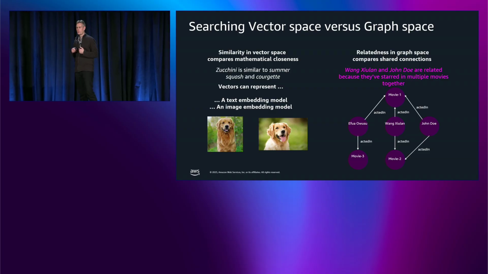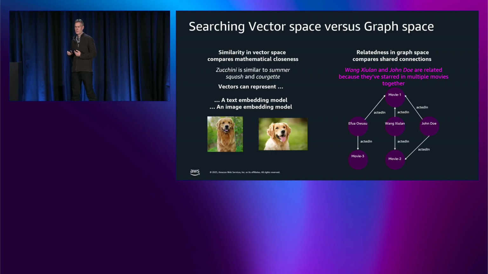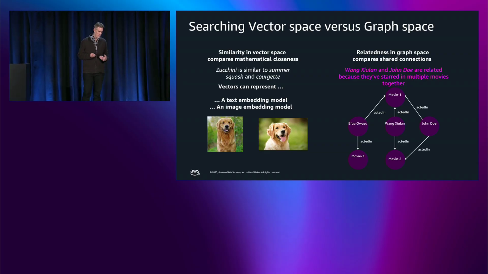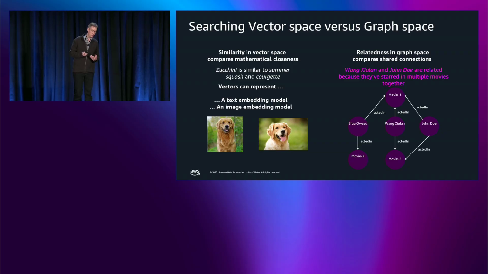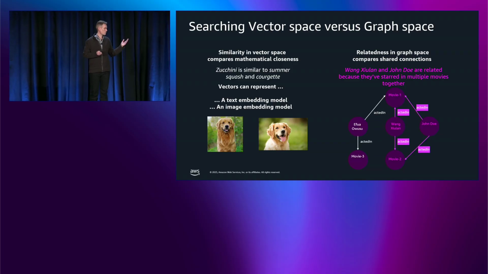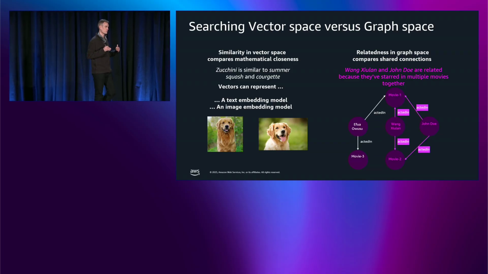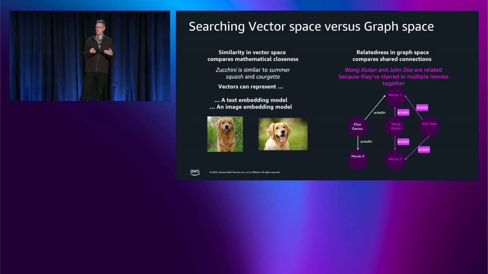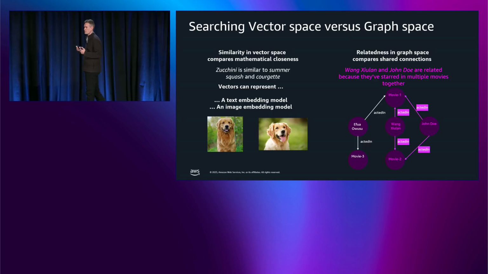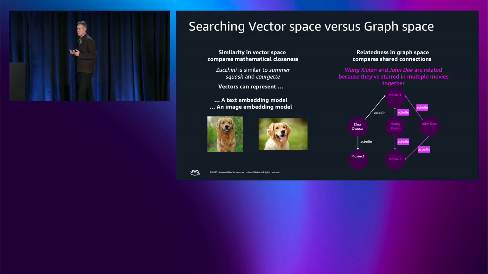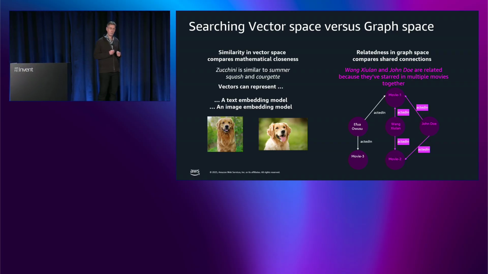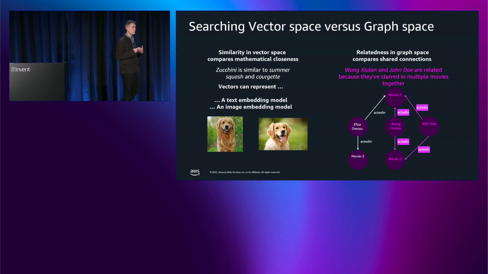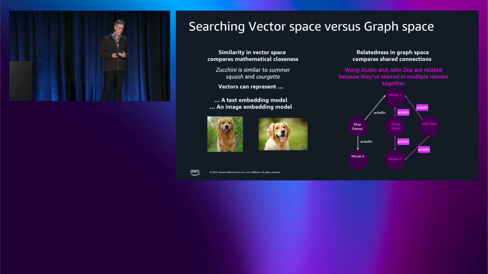Contrast that with a graph traversal or a graph search, and if you ask something like, why are Wang Shulan and John Doe related, you can answer it with a very explicit traversal and say, they're related because they acted together in these movies. And it may not be as flexible necessarily as vector search, but it's certainly very easy for you to explain.